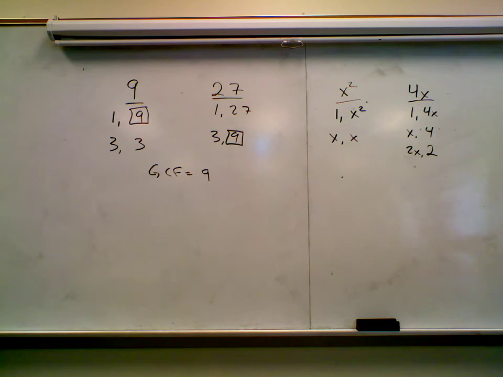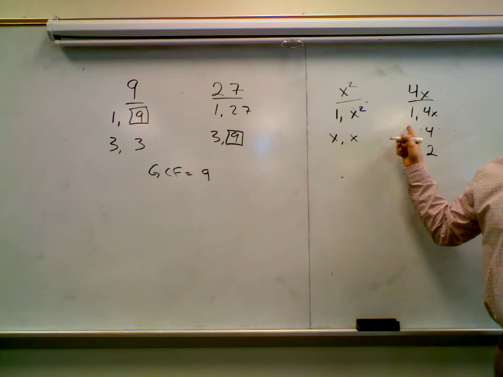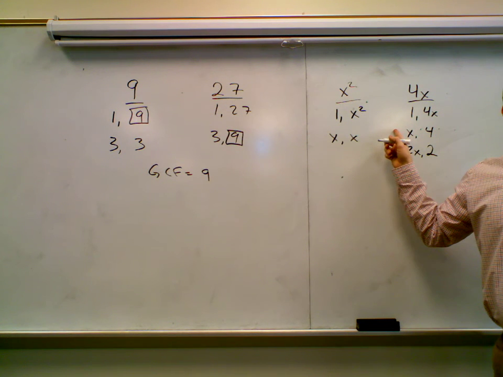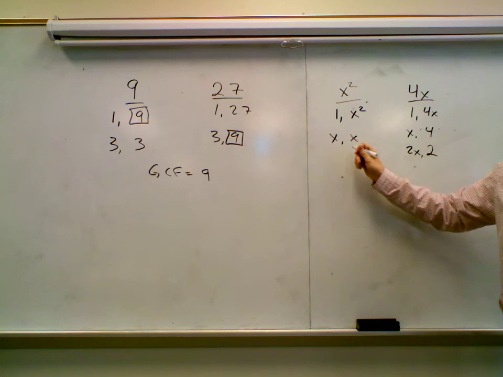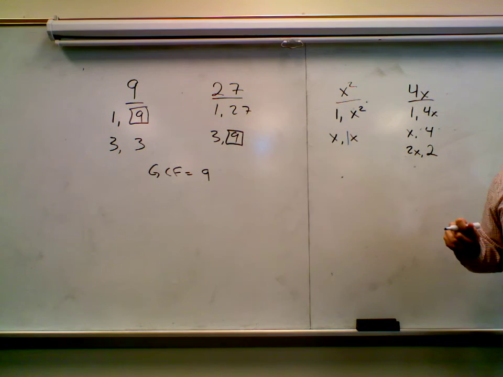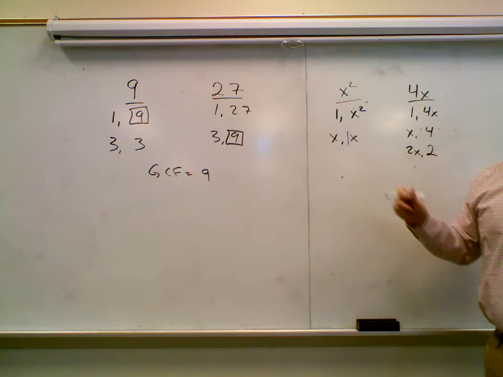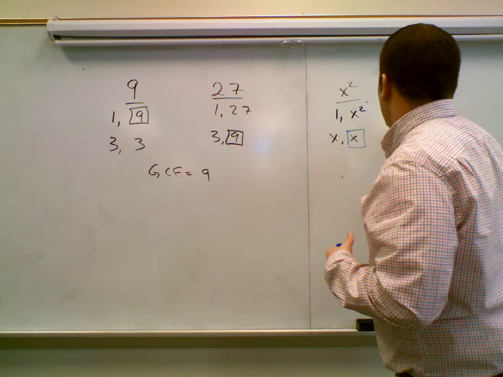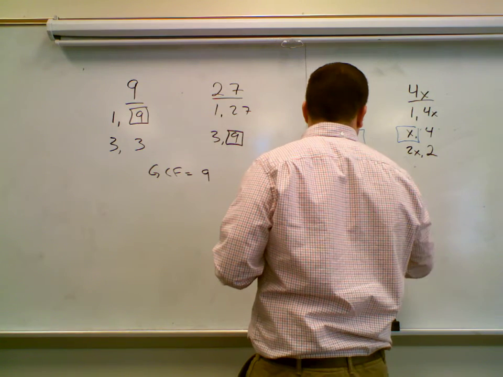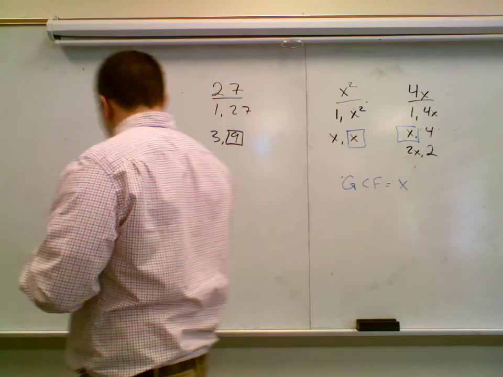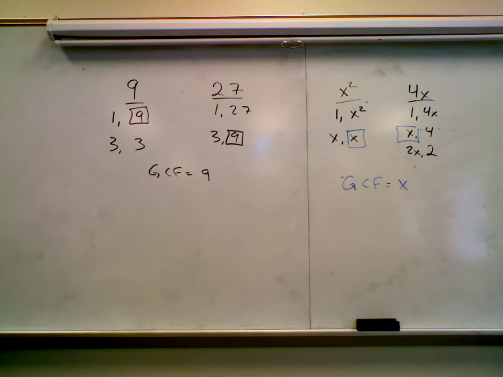So what's our factor that has the most stuff in it? x. 1 is the greatest number factor, but the one that has the most things is x, because remember, x has an imaginary 1 in front of it. So our greatest common factor here is x. Does that make sense?